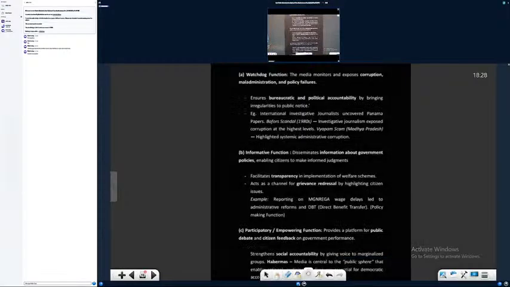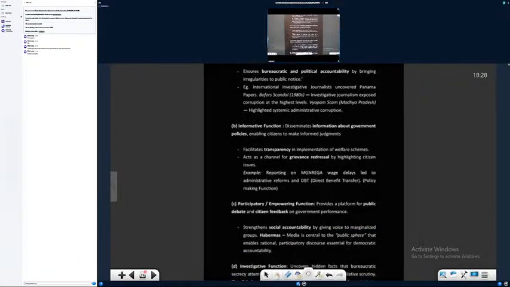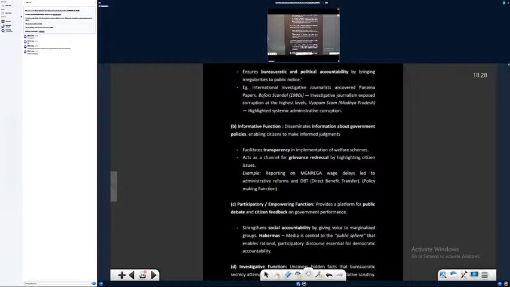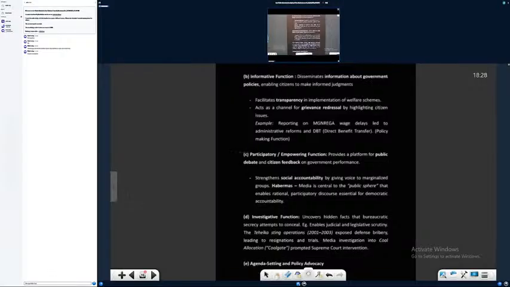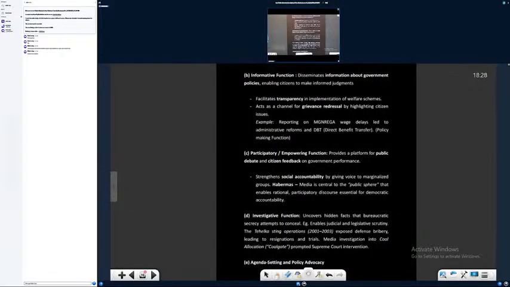Next function is informative function. It gives information to the government or the public who are participating that this kind of work is being carried out. Informative function of it. Then there is something called participatory or empowering function, that it brings in people to participate or empowers them. For example, it informs people, exposes corruption.